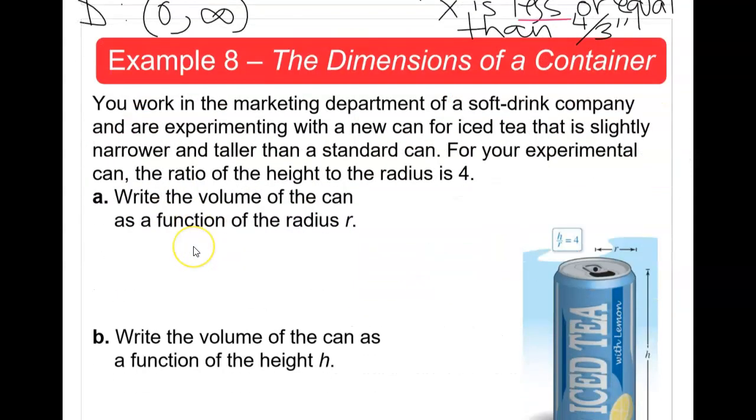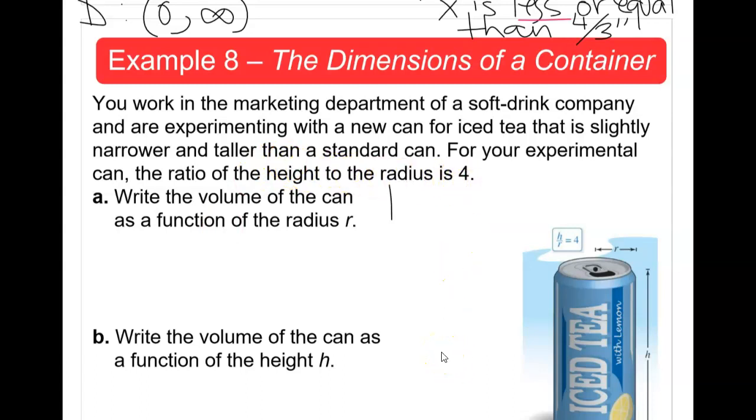Let's move on to example 8. And we do have a can of iced tea. So it says you work in the marketing department of a soft drink company and are experimenting with a new can for iced tea that is slightly narrower and taller than a standard can. For your experimental can, the ratio of the height to the radius is 4.